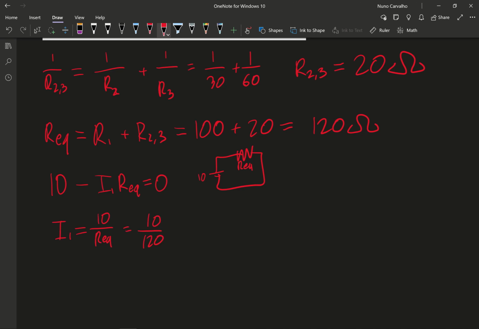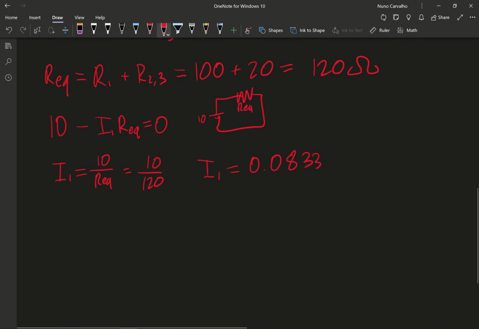And then if I put this in my calculator, what I'm going to get is that the amps of that is going to be, or actually let me say I1 is going to be 0.0833, I believe. Let me confirm that. Yes, and this is going to be repeating like so.